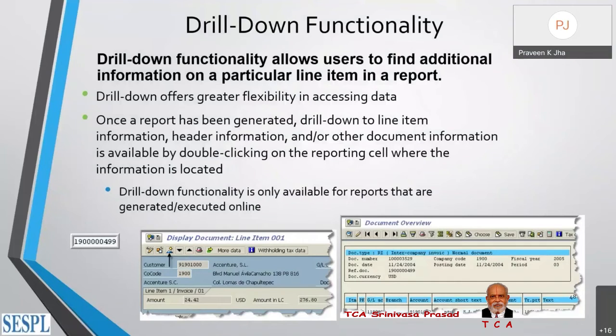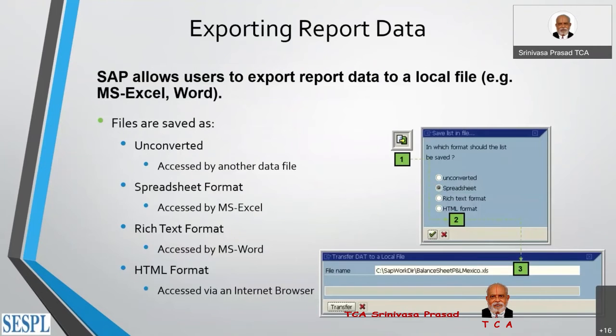The system will show you the posted document. That means once you have selected a line, then you can start drilling down to find out up to which level you want to go and look for further information above or below.